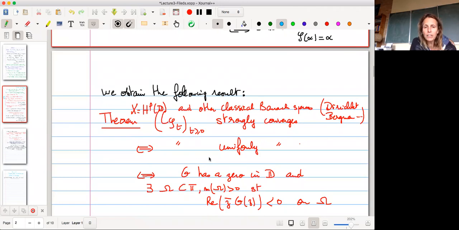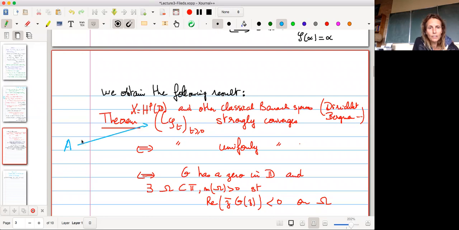And we can characterize that in terms of properties of the generator G of the phi t, which is nearly the same as having the generator of the semigroup, because the A which generates phi t is defined by this expression. So having A is equivalent to having G.